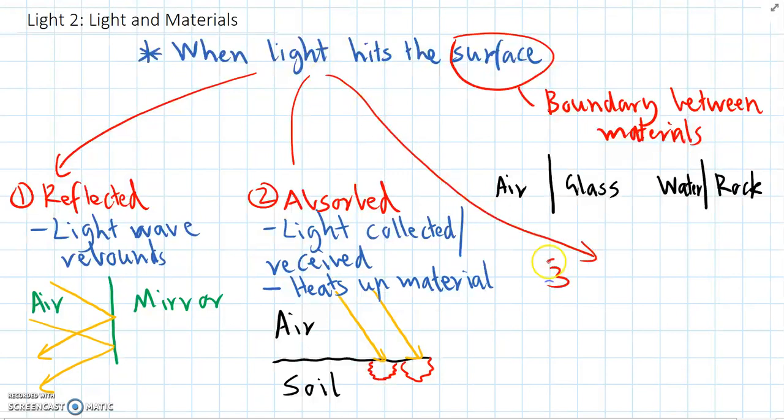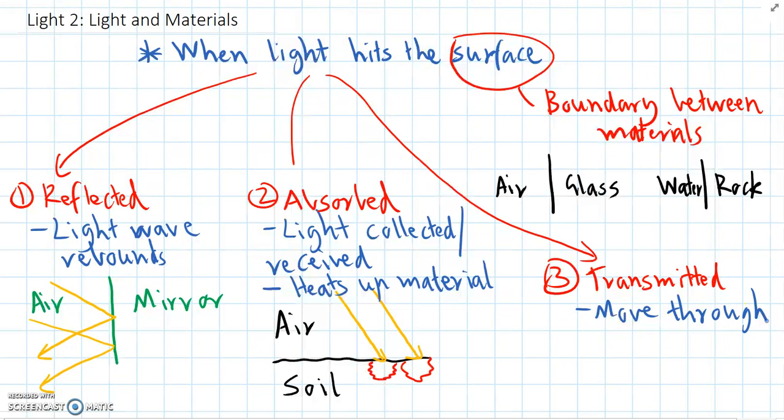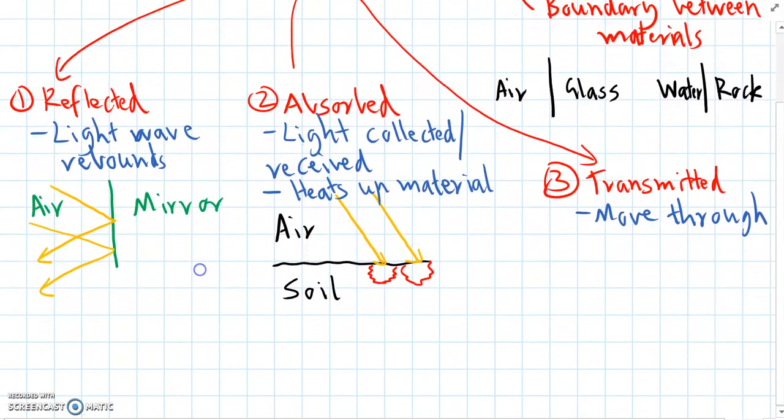And the third thing that light can do when it hits a material is it can be transmitted. And transmitted means the light waves move through that material. And a really common example of this is if we have a piece of glass in a window.